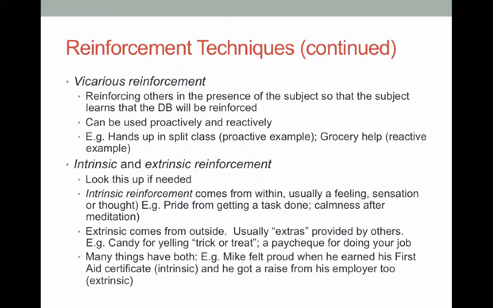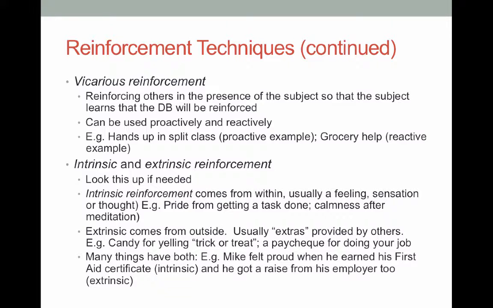For example, when a child goes to a door and yells trick or treat at Halloween, somebody usually comes to the door and gives them candy as a reward for doing that. And that's an extrinsic reinforcer because it happens entirely outside of the person. When you work hard and your boss gives you a paycheck, you might earn an extrinsic reward because the paycheck comes from somebody else.